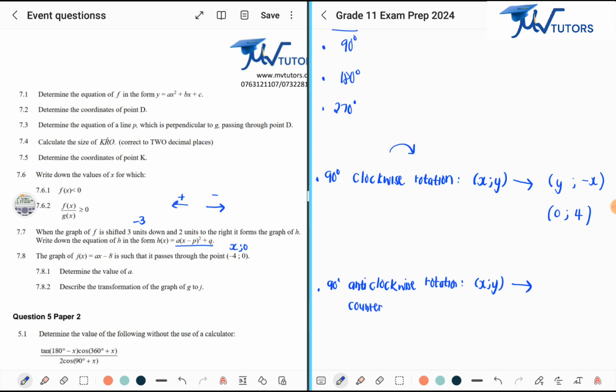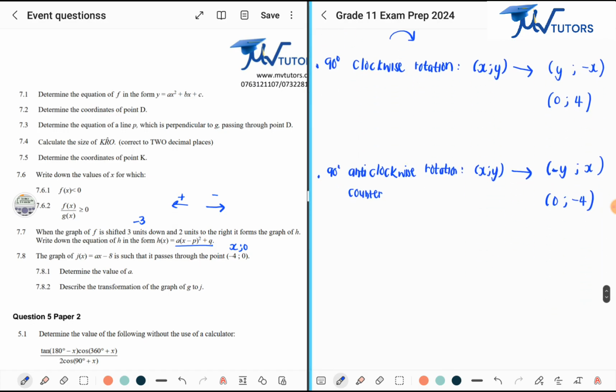So for counterclockwise rotation, with your coordinate (x, y), we again swap the x and the y, but in this case, instead of the x getting a negative, the y gets a negative. Looking at our coordinate here, (-4, 0), we would have (0, -4). The 0 cannot really get a negative, it's just 0.